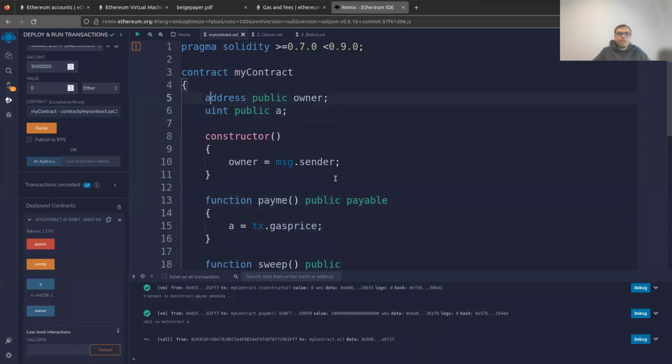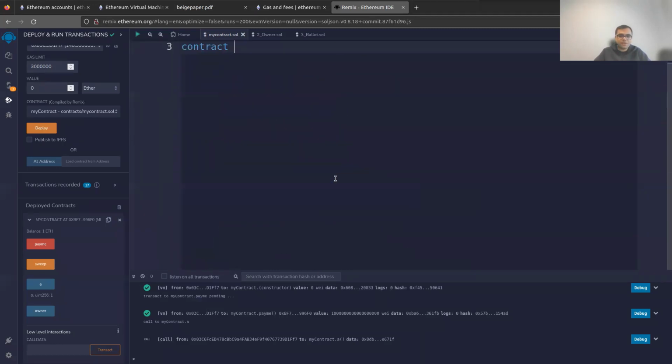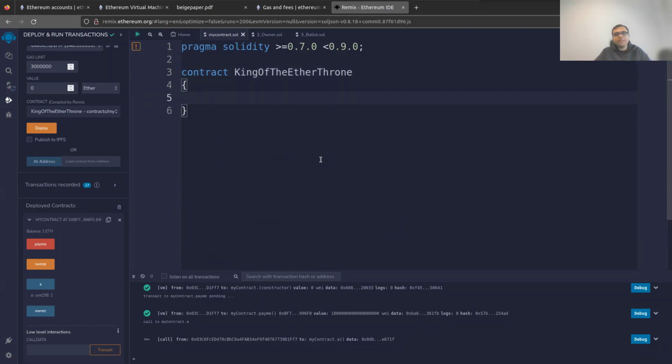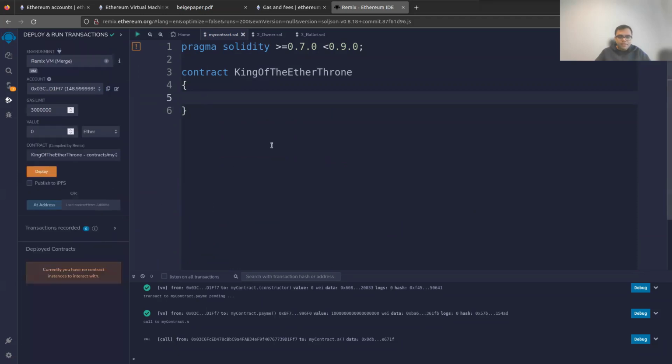So let me finally give you an example of a really stupid contract, but something that was famous for a while. This contract was called King of the Ether Throne. It's a very simple contract. It's actually a Ponzi scheme. The way this works is that you can pay to be declared king.